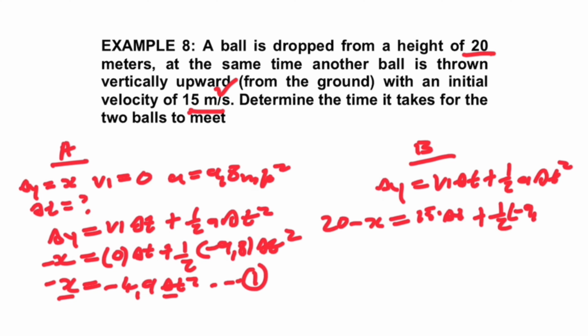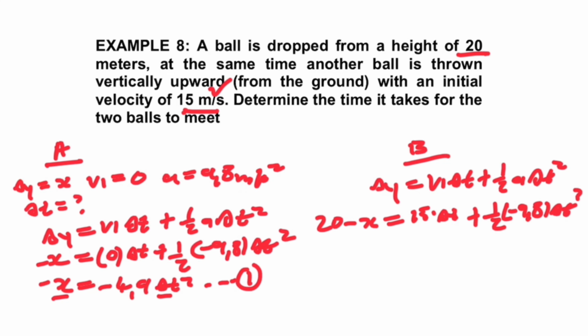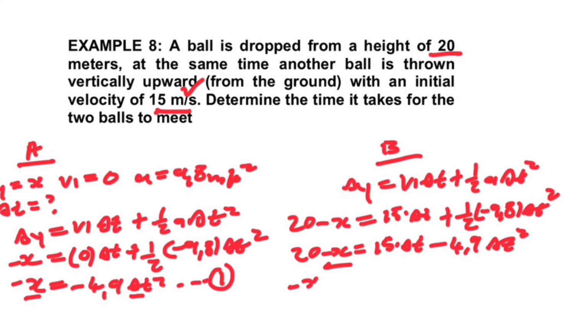The acceleration is minus 9.8 delta t squared. So 20 minus x is equal to 15 multiplied by delta t, minus 4.9 delta t squared. So if we make minus x the subject of the formula, we're going to have minus x being equal to 15 multiplied by the change in time, minus 4.9 delta t squared minus 20, equation 2.